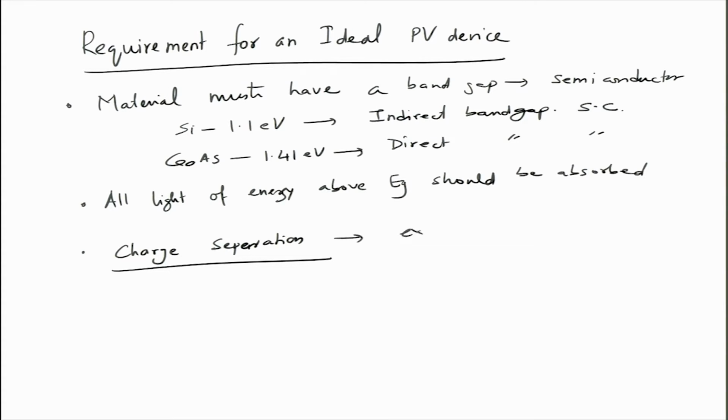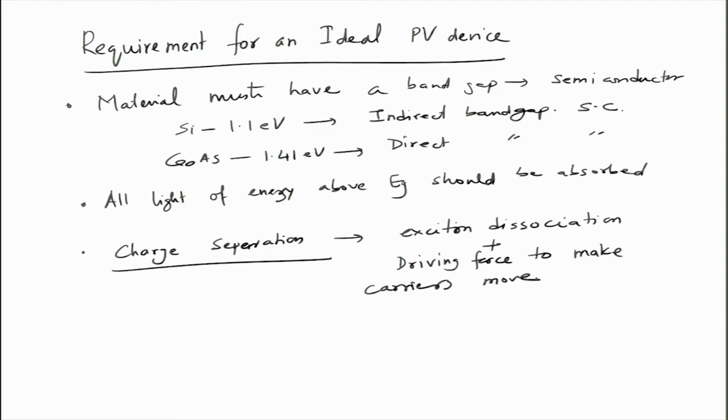So, basically you must have exciton dissociation, and then there must be a driving force in the device to make carriers move to the appropriate junctions. And then there should be lossless transport.